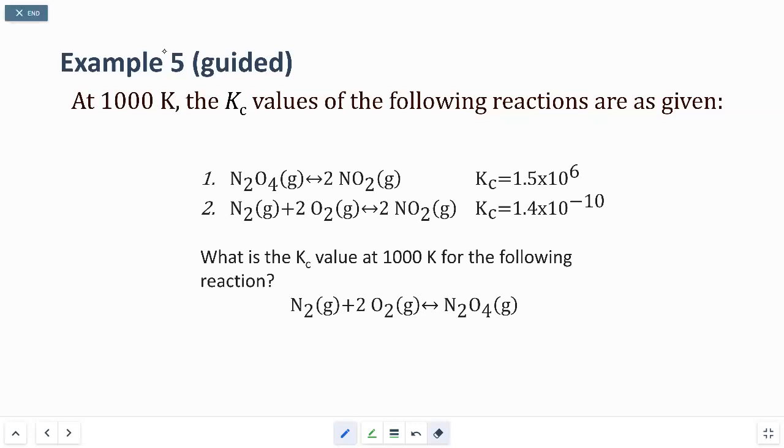To get to this expression here, I'm going to need to flip this top equation. To flip this top equation would mean that the nitrogen dioxide is now the forward reaction, and the dinitrogen tetroxide is the reverse.